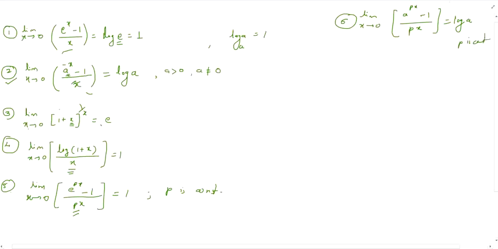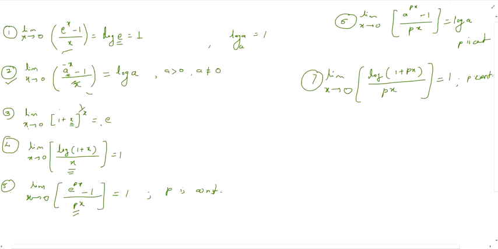Now the seventh result, which is derived from that fourth one: limit x tends to 0 of log of (1 plus px) upon px is equal to 1, again p is a constant.